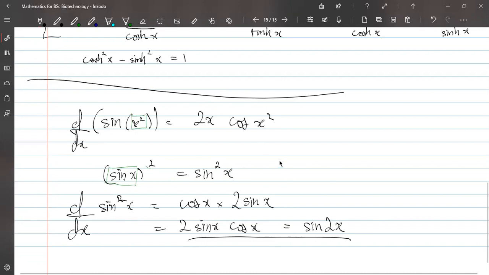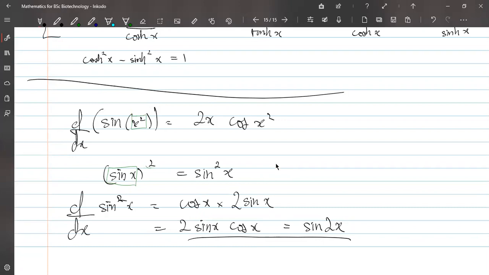Similarly, what is the derivative of cos square x? Will it be cos 2x? If the derivative of sine square x is sine 2x, is the derivative of cos square x cos 2x? Or maybe there's a minus involved, right? So maybe it is minus cos 2x.